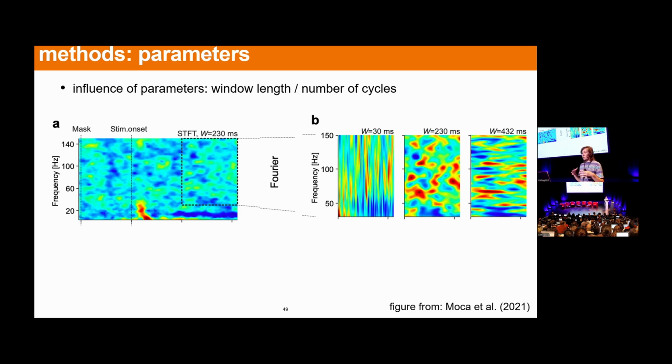Do you use long segments to compute your estimates? Then your neighboring values over time will be very correlated. If you use only short windows, then neighboring values will be more independent from each other.